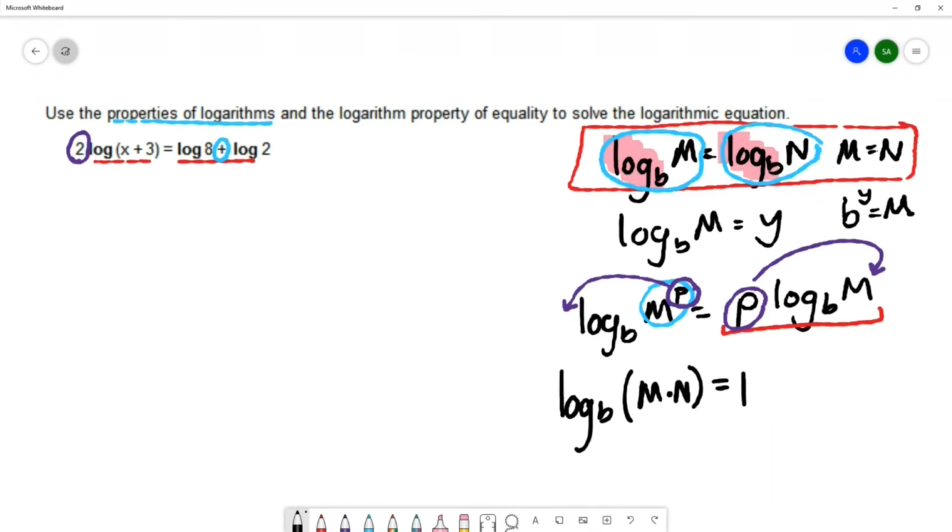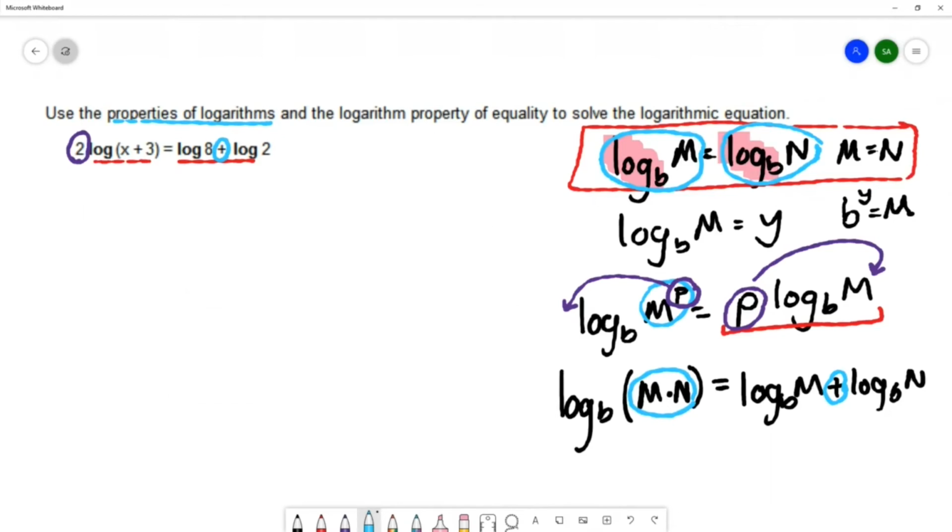And we can write that as log base b of m plus log base b of n. And so you'll notice that addition on the other side. So we're going to go the other way. We have addition, and we're going to turn that into a single log with the product on the inside.